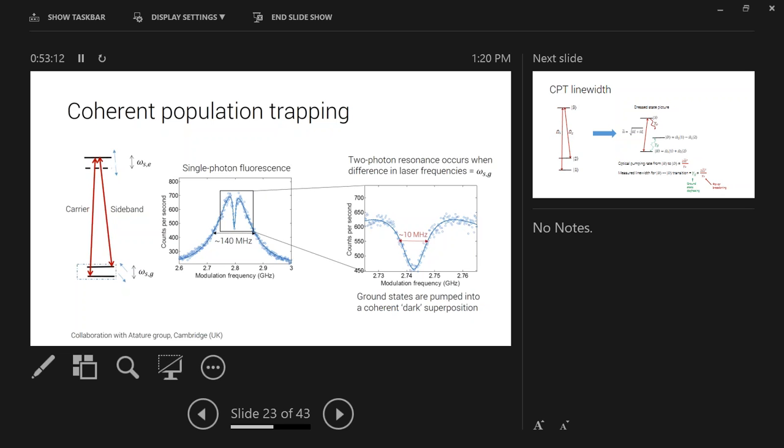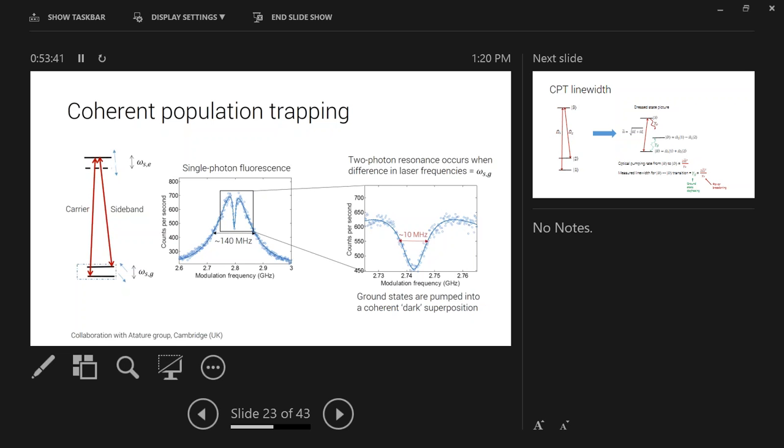But what happens when you switch on the second laser is that right in the middle of this Lorentzian, there appears a very sharp dip. And this is this effect called coherent population trapping. And this is a quantum effect. And the physics of this effect is that switching on these two lasers essentially pumps these two ground states into a superposition of up and down, which don't interact with light at all.